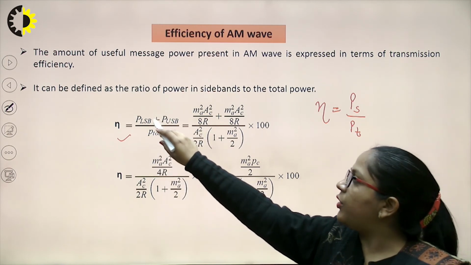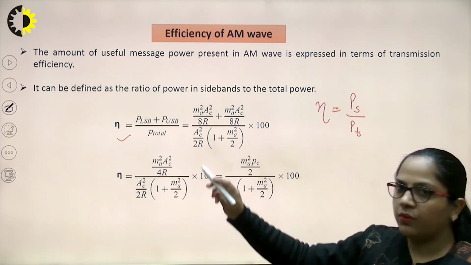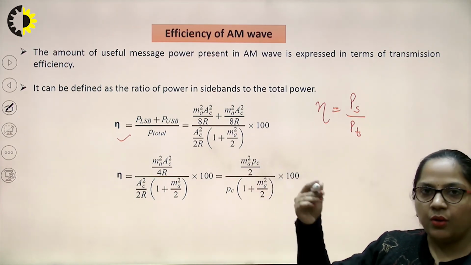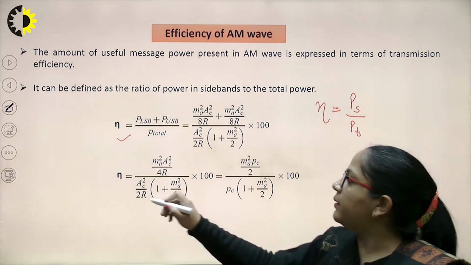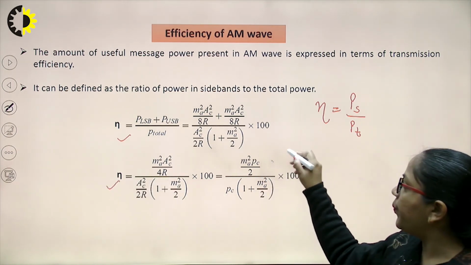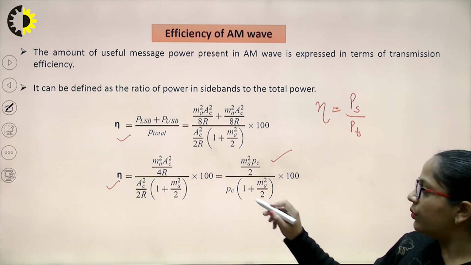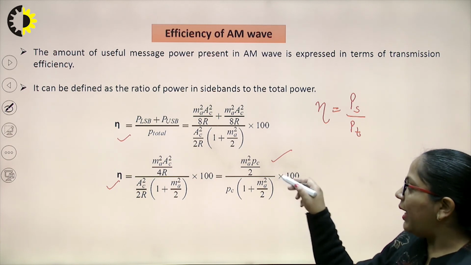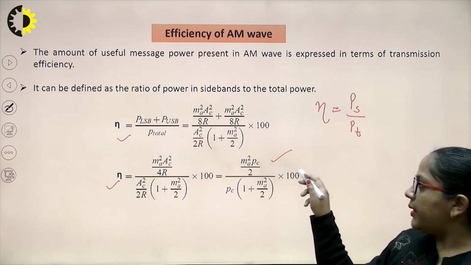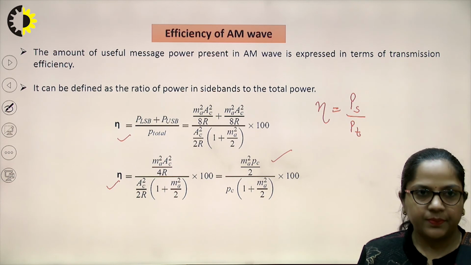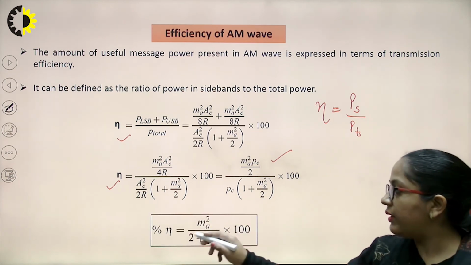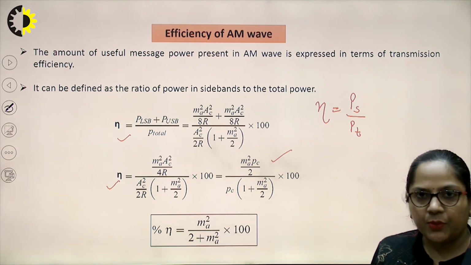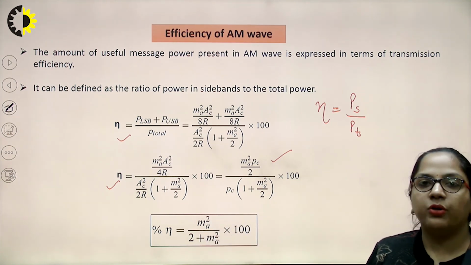By putting the values of PLSB, PUSB and P total from the previous expressions that we obtained for the power of carrier, lower sideband and upper sideband, we get efficiency equals ma square Pc divided by 2, divided by Pc times (1 plus ma square by 2). To calculate this efficiency as a percentage, we multiply by 100. Here ma is the modulation index.